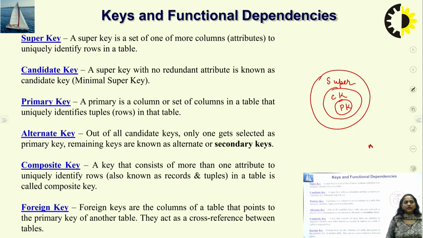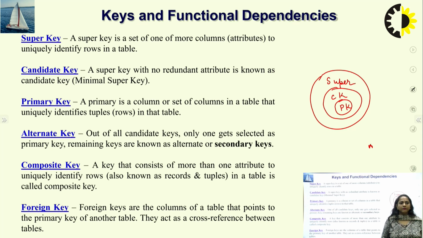And if the key consists of more than one attribute, for example, name, which can be decomposed into more than one attribute: first name, middle name, last name. So this is a composite key that uniquely identifies rows. And the foreign key is the column of a table that points to the primary key of another table.